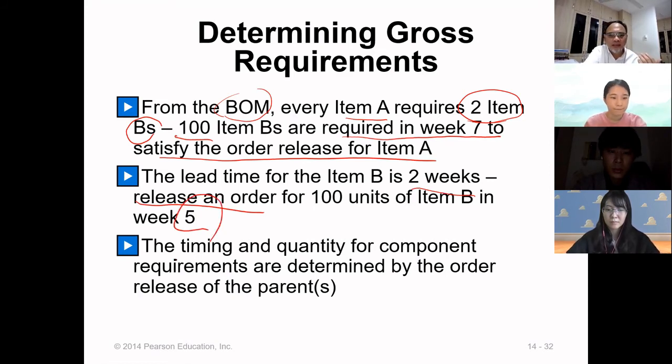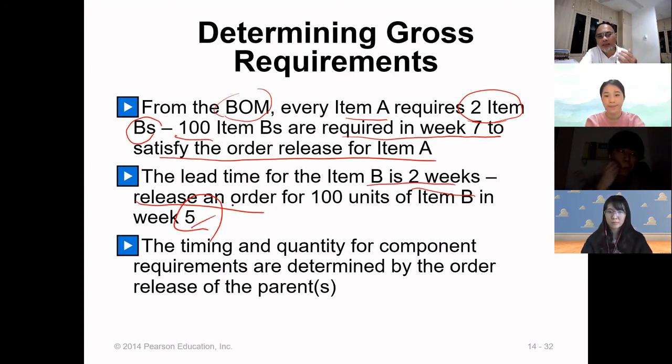In order to deliver that 50 A at week 8, the order for A is week 7, but for B with 2 weeks lead time, it is week 5. We call it planned release.